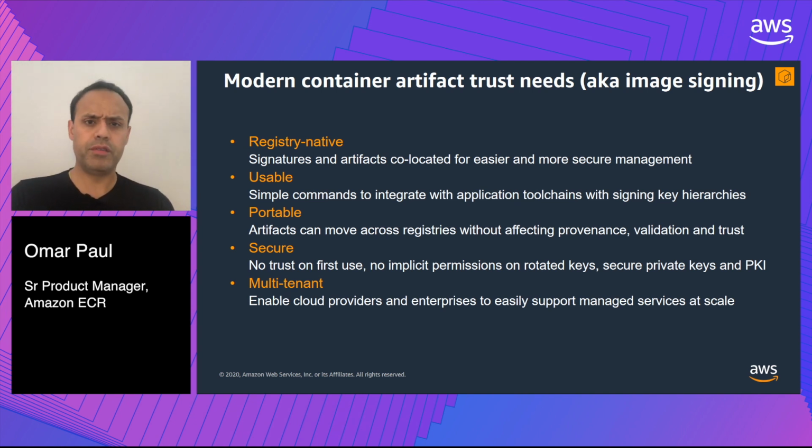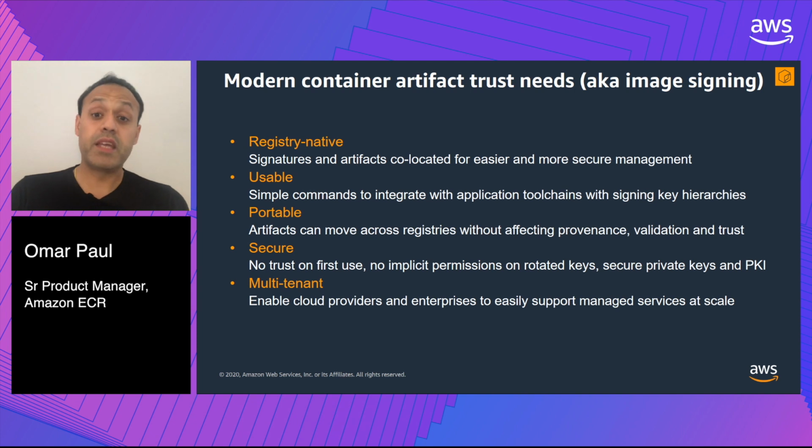Images are often used as base layers. They journey from a publisher that may sign it to a public registry that may sign it as well, and then pulled into a private registry used as a base layer, which is then signed. So these signatures all need to remain valid so you can track provenance. Right?